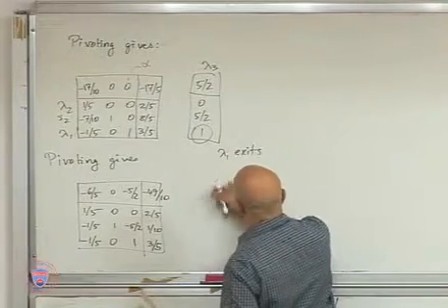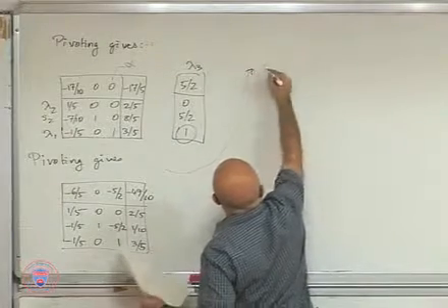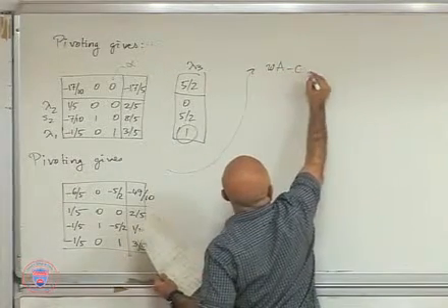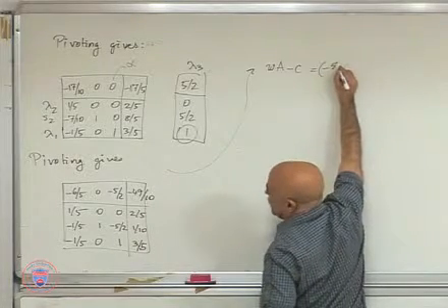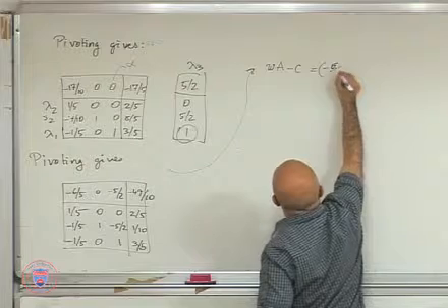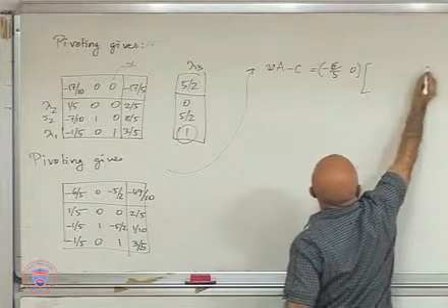So we compute WA minus C. WA in this case is minus 6/5 and 0 times the A matrix, which you can fill in.